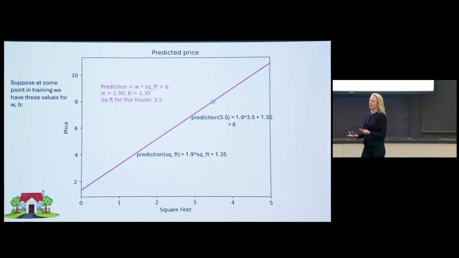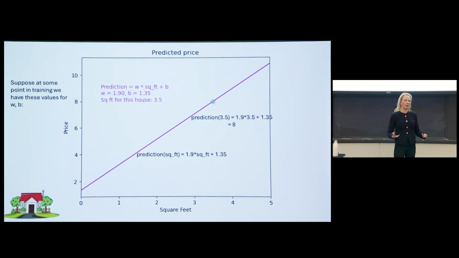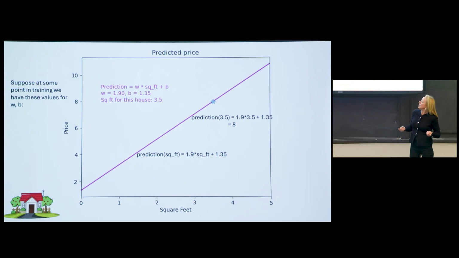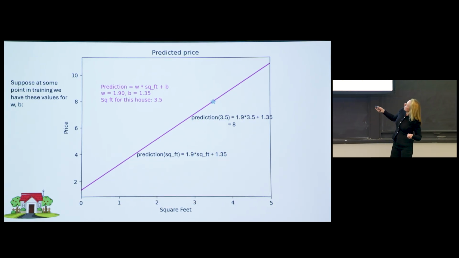Hopefully this is straightforward to the point of maybe being a little boring. Here's what I want you to notice. The prediction is a function, I'm writing it here as a function of square footage, but actually, if we just look at the math here, it's one quantity times another quantity plus a third quantity.